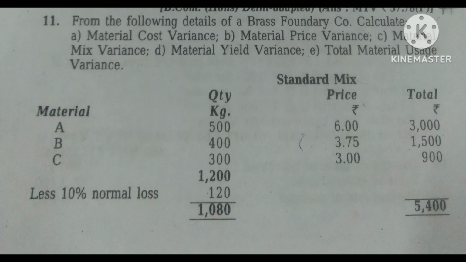So 1200 into 10%, he has got 120. So 1200 minus 120, he has got 1080. That is the total of quantity. Now he has added the total price, that is 3000 plus 1500 plus 900. So he has got 5400.